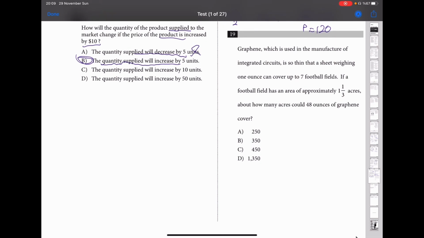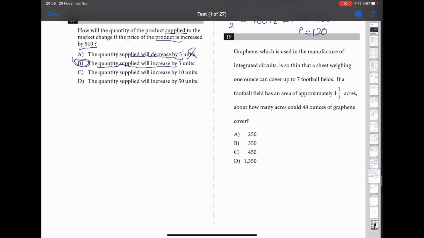Okay, I know that 1 ounce of graphene covers 7 football fields. If a football field has this area, how many acres could 48 ounces of graphene cover?